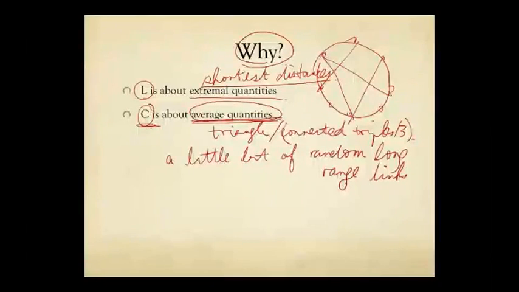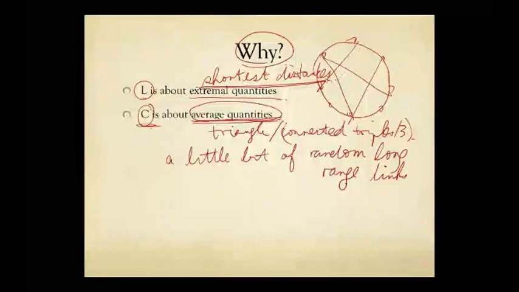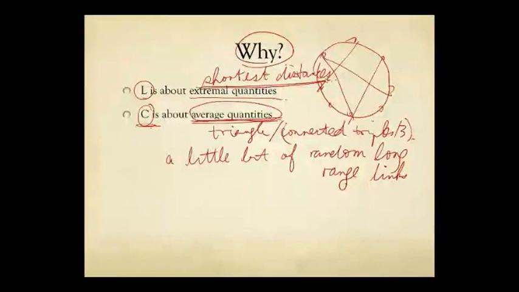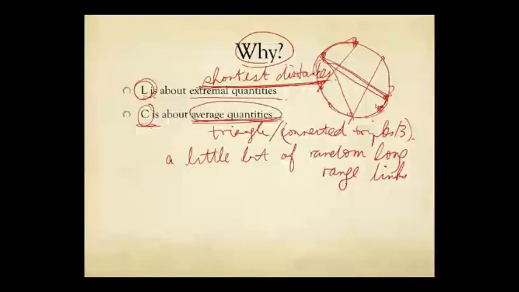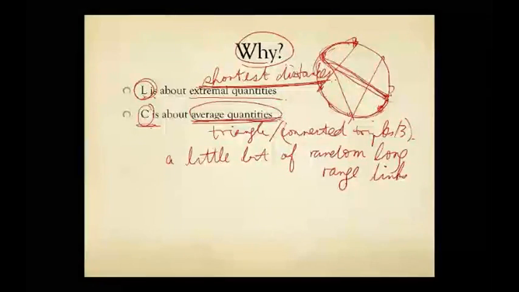And yet it suffices to shorten some paths between any two nodes, and that's enough to reduce the shortest distance. And L is only about the shortest distance. Most of the paths are still long. That does not matter. We now have some shortcut long-range links going from this to this, for example. So instead of hopping all the way locally, I can have one shortcut to put me very close to the destination. So I don't mind if the other long paths are still there, because L is only talking about the median of the shortest path.